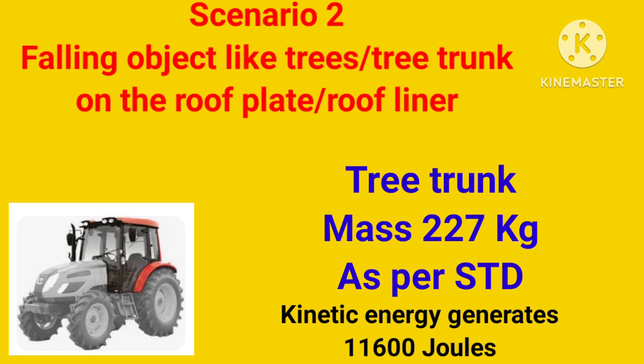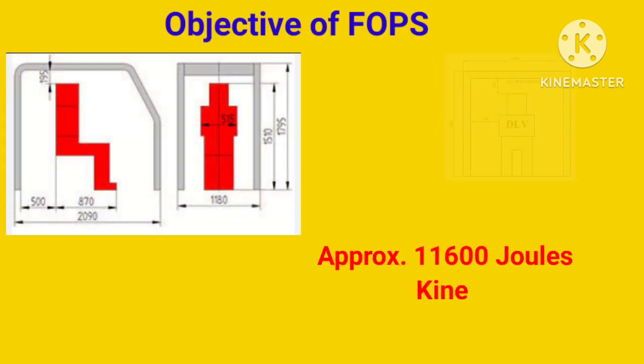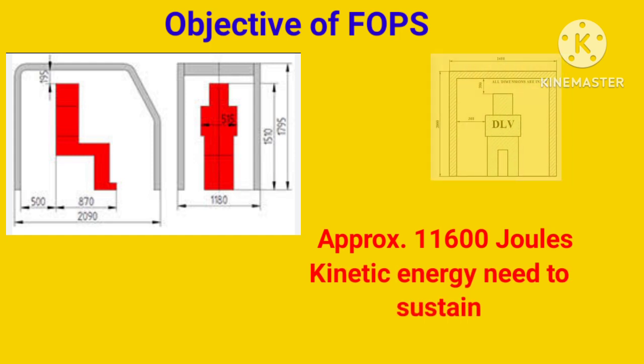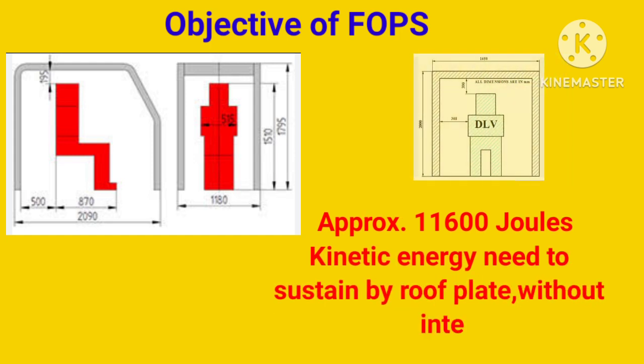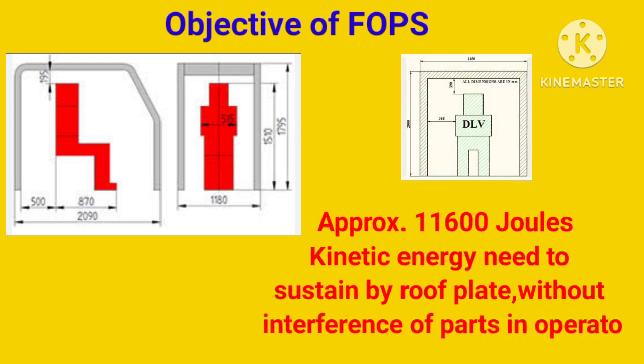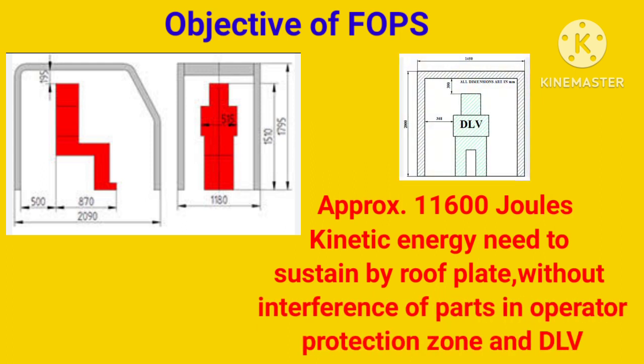The main thing is that after the trunk impacts the roof plate, no small portion of the tree trunk or the roof plate parts should enter into the operator protection zone, or the DLV portion. So our operator becomes safe.